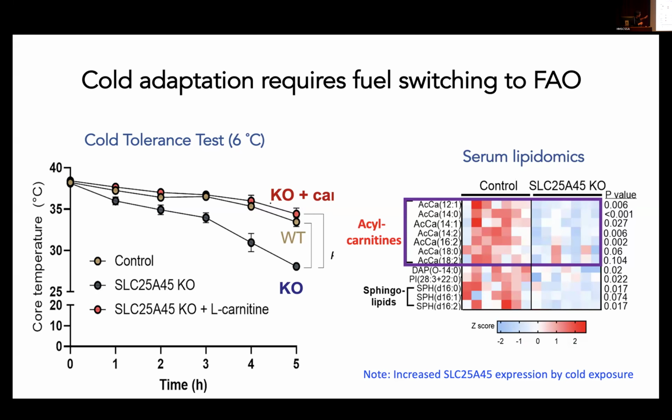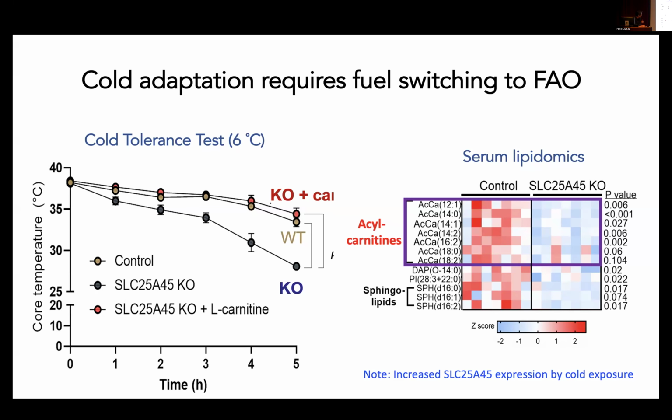When you look at the serum levels, like serum lipidomics, the control mouse makes a lot of acylcarnitines. This is a way to bring long-chain fatty acid into the mitochondria. The knockout mouse can't do that, right? Because of the lack of carnitine.